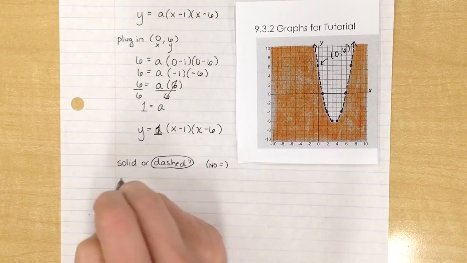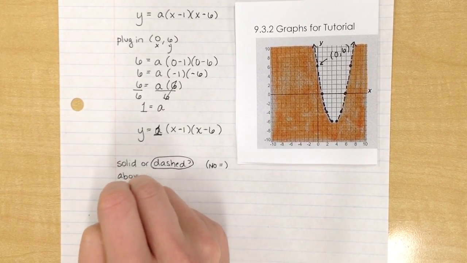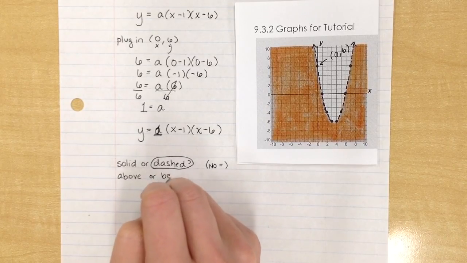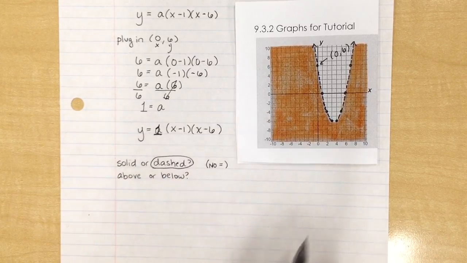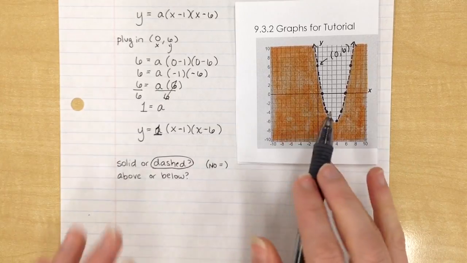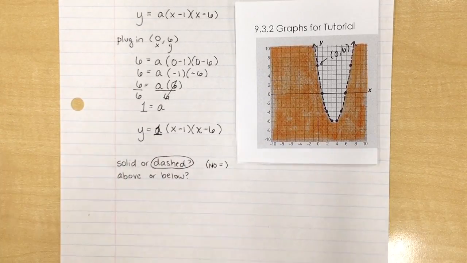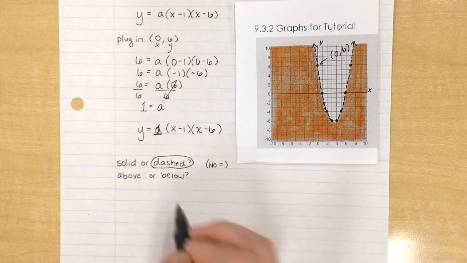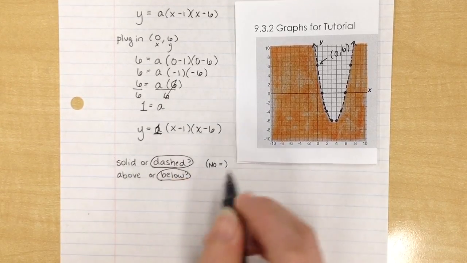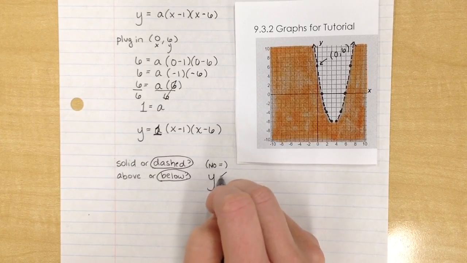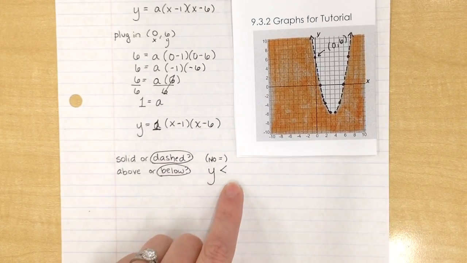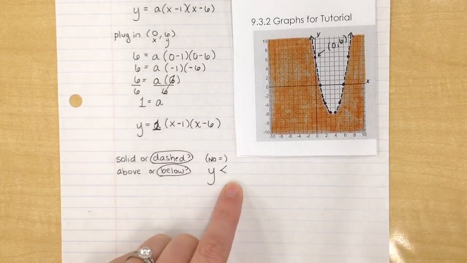The second question I ask is, is it shaded in above or below? What's cool about parabolas is that it's very easy to tell if it's above on the inside or below on the outside. In this case, it's shaded below, which means that we're going to have y is less than the rest of the parabola, aka the x values.